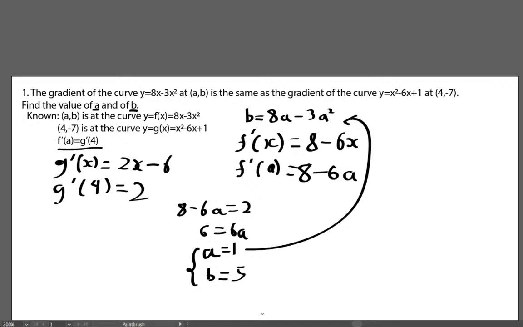Okay, there we go. It's fine. So that's the very first problem.